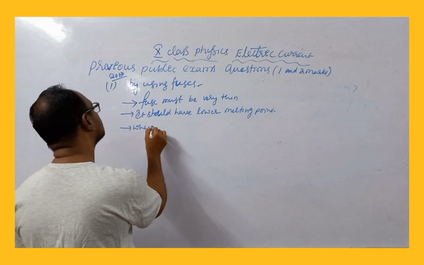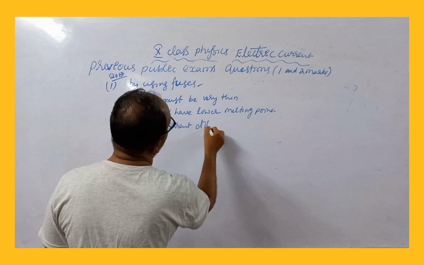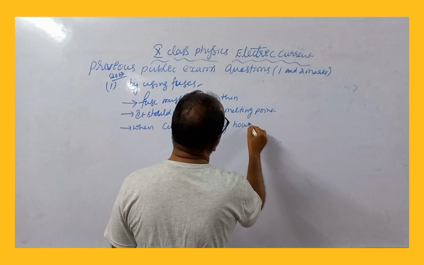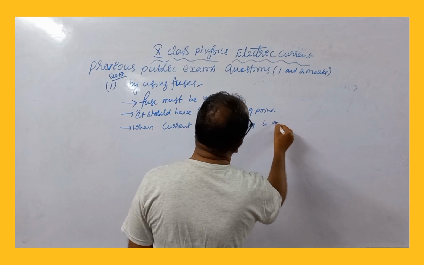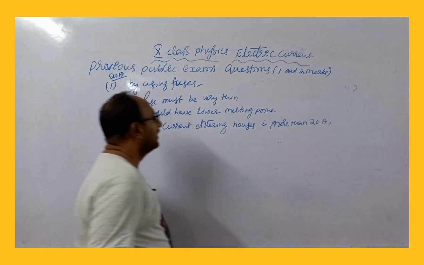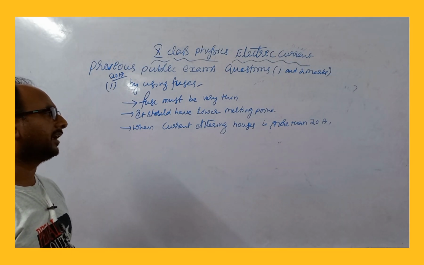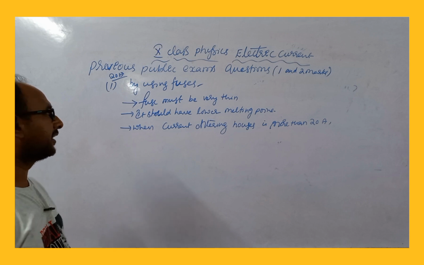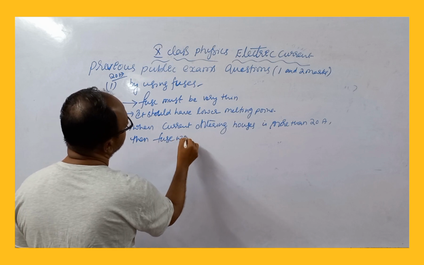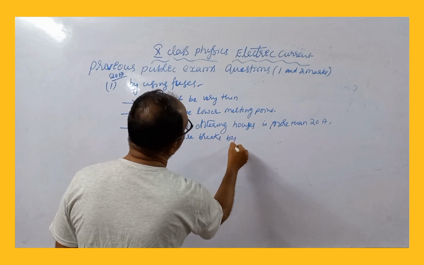When the current entering the household circuit or household wiring is more than 20 amperes, then the fuse wire breaks by melting.